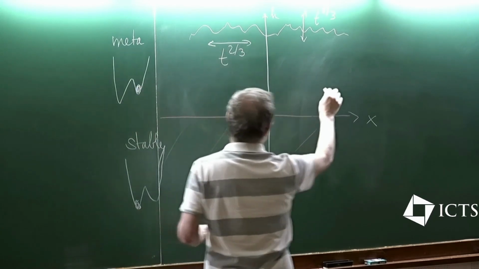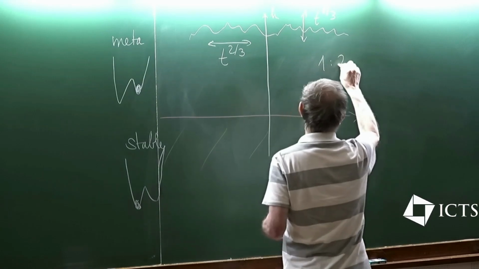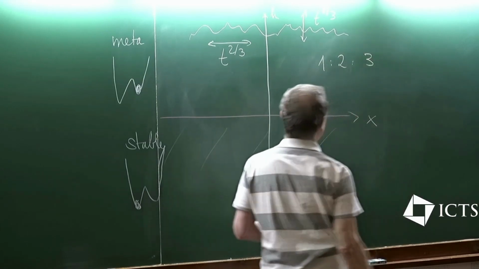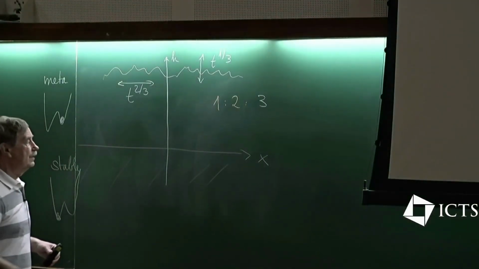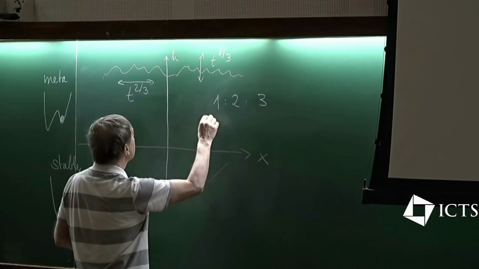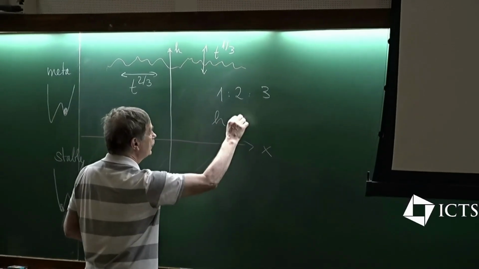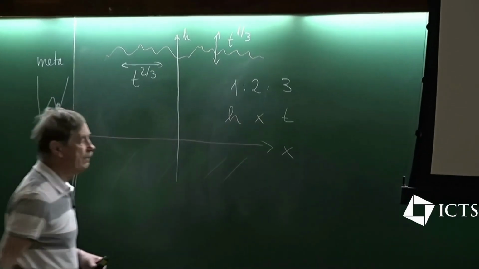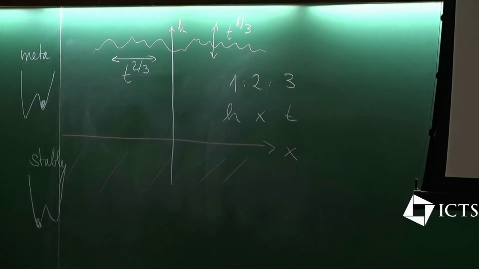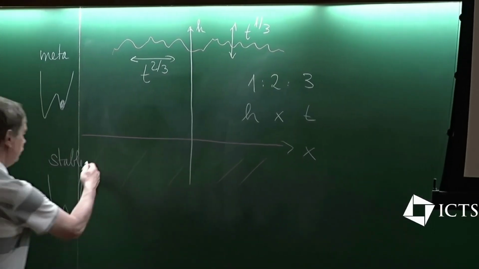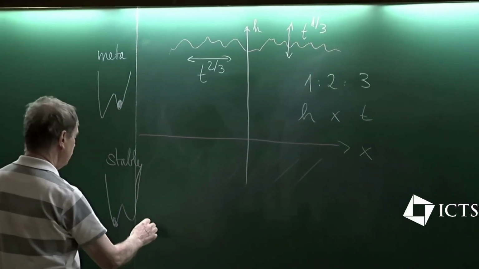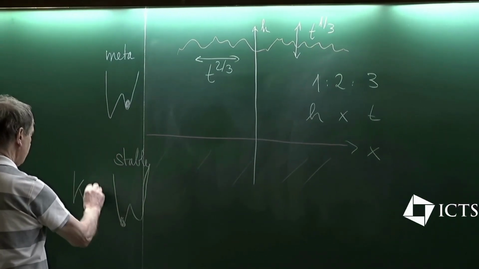And that's usually called the 1-2-3 scaling, where, as you can see, this is h, this is x, and this is t. Now, the equation which governs this kind of experiment was written down much earlier. The experiments are around 2010, roughly, or 2011. And of course, the equation was written down much earlier. That's this famous KPZ equation.